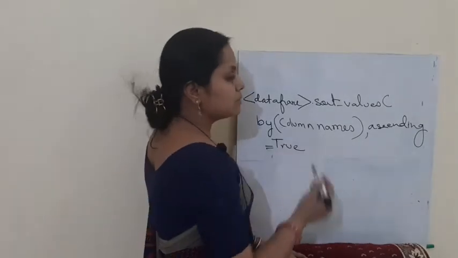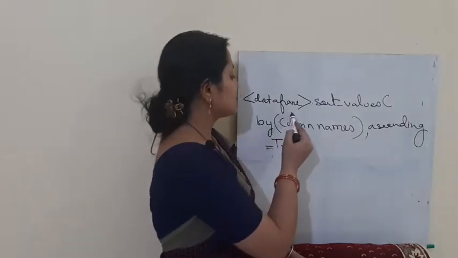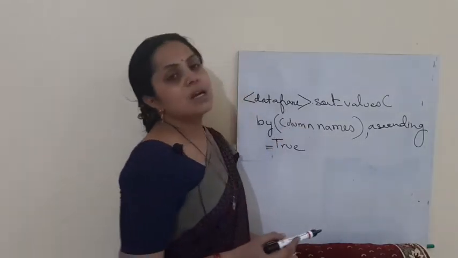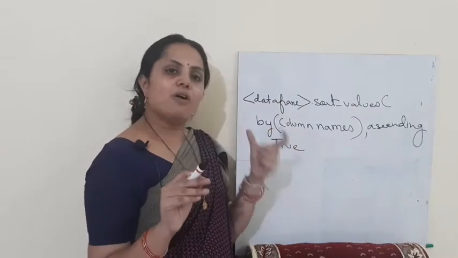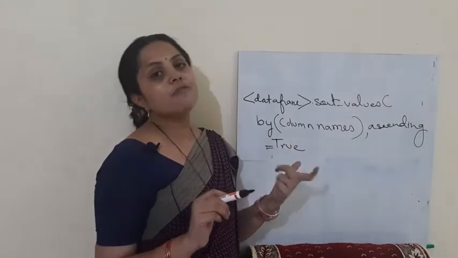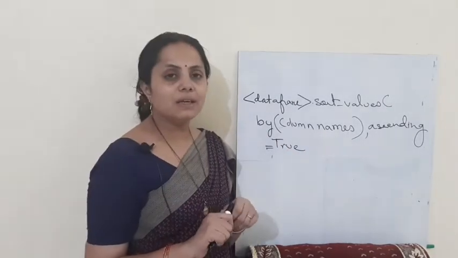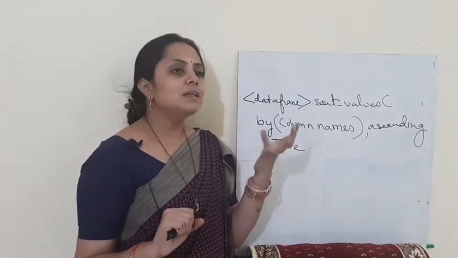In by, you will be writing column names. The data type that will be used is either a string, that means the name of the column, or a list, that is a list of column names. You must be thinking, why do we have a list of column names? It tells us what the order should be.